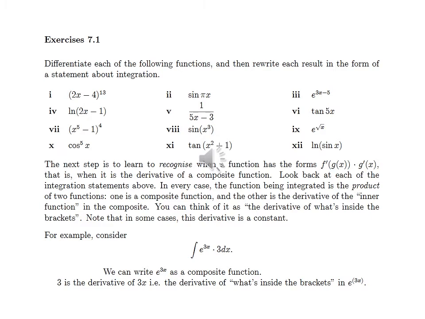We can write e to the power 3x as a composite function. 3 is the derivative of 3x, i.e. the derivative of what's inside the brackets in e to the power 3x.